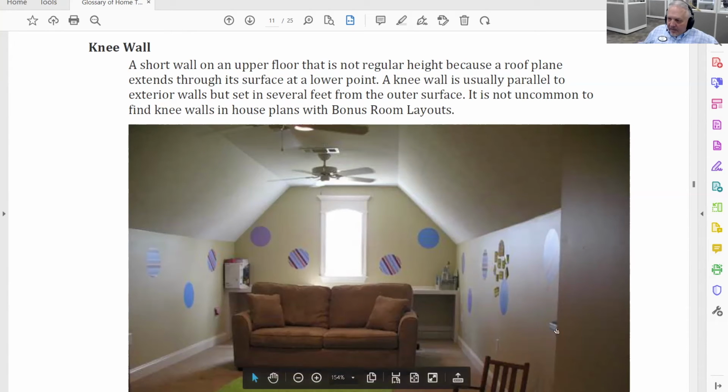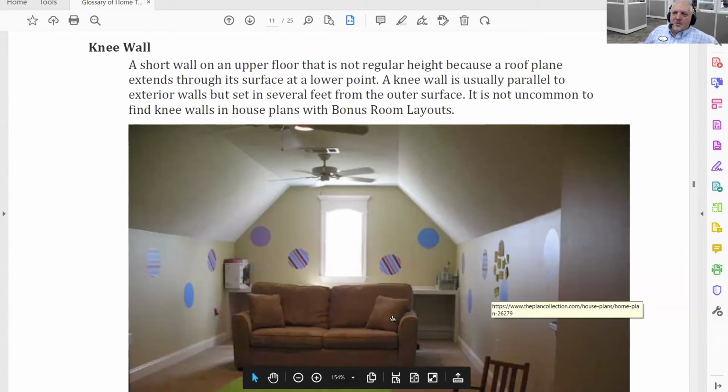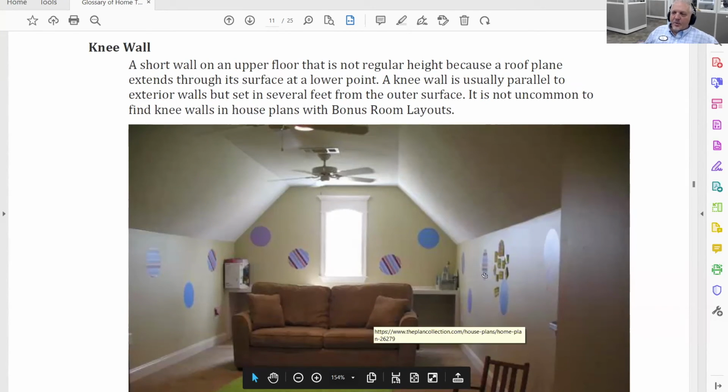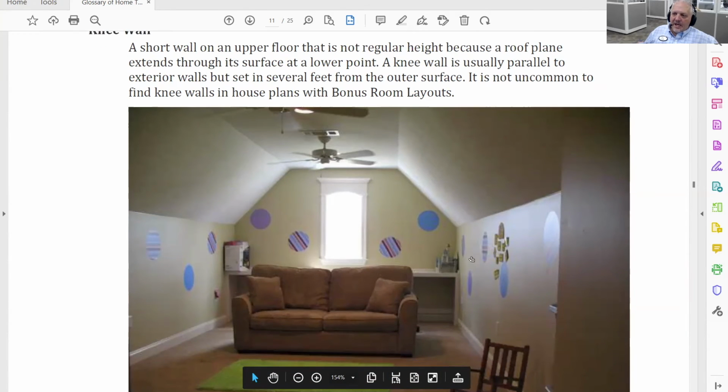Typically, I think you can actually see a door handle right here on the right-hand side. Typically you're going to see a little half door, and quite often you'll see storage space behind here where people put their Christmas trees and their Halloween decorations and the like. Great storage area underneath that roof line. Okay, but that is a knee wall.